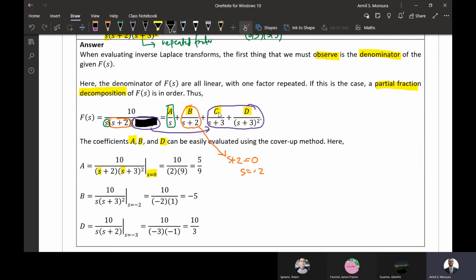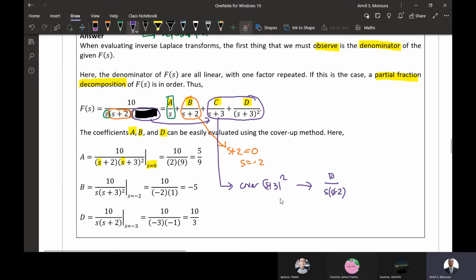Okay? Ulit, para sa C, cover natin yung S plus 3 squared ng buo. So, ang maiiwan diyan is 10 over S times S plus 2. Tapos, ang sunod diyan is get the derivative of nito, 10 over S times S plus 2.